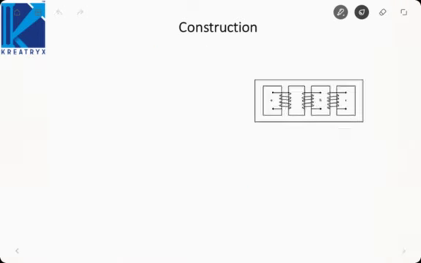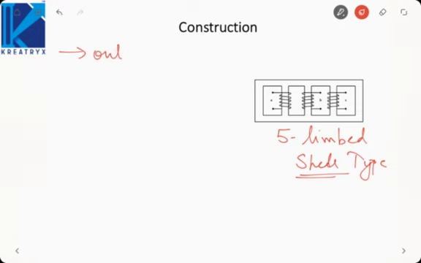The other transformer is the analog of the shell type transformer in a single phase. As we saw the shell type transformer in single phase, here we have a 5-limbed shell type transformer. Here we have 5 vertical limbs, so it is called 5-limbed. The first feature is that outer limbs have lesser cross sectional area.